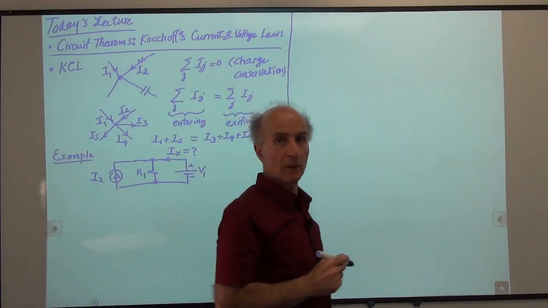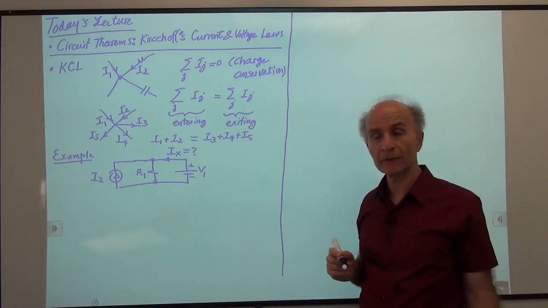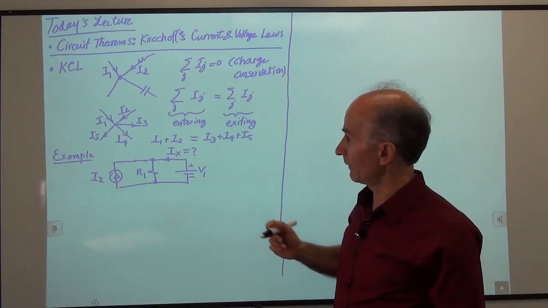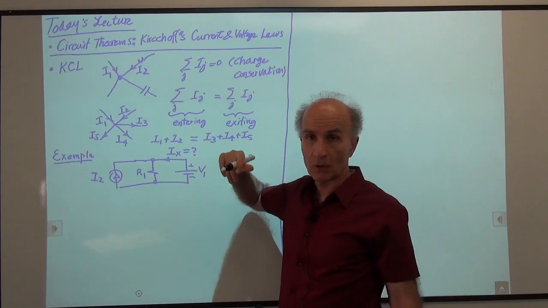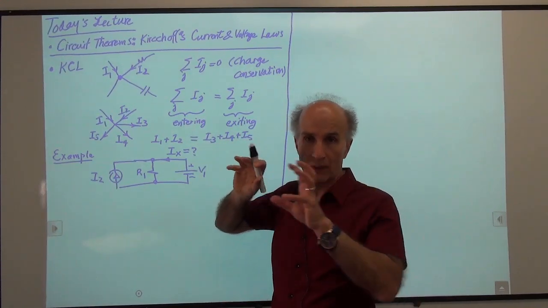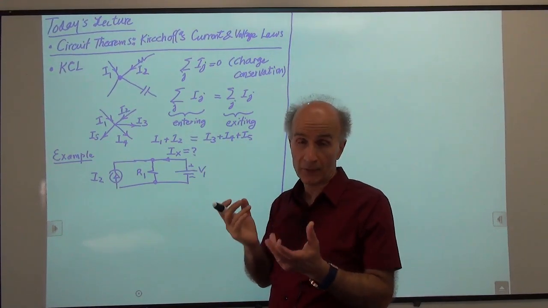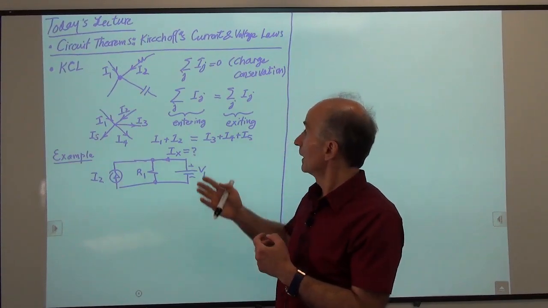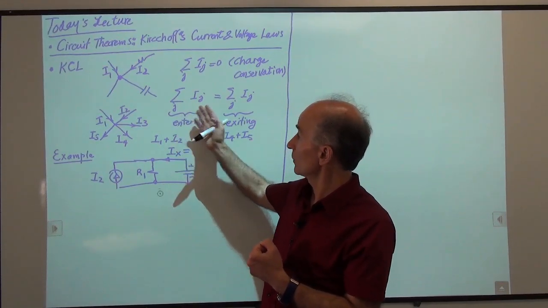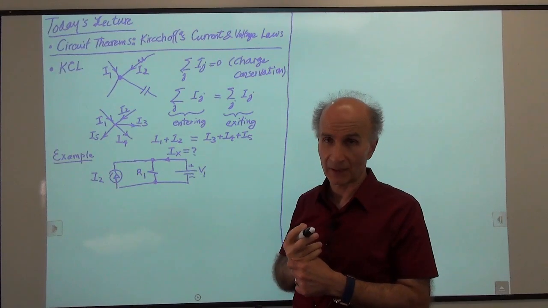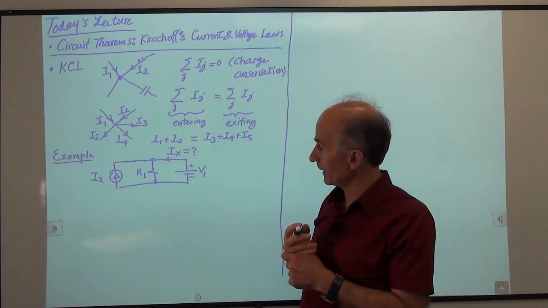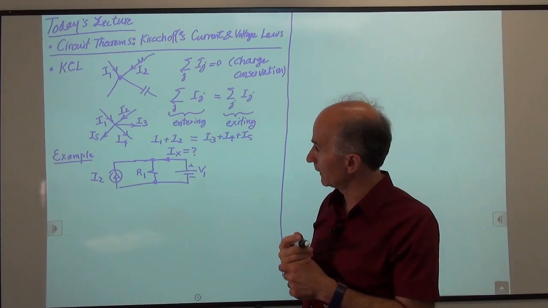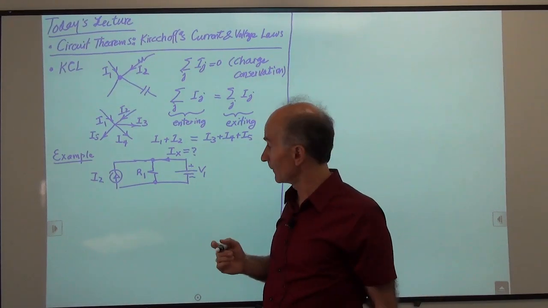Okay. All right, so we eyeball the circuit for a moment, and we see that we have a node here at which we can apply KCL. So for example, we can say the sum of all the currents entering the node has to be 0, or we can say the sum of all the currents entering should be equal to the sum of all the currents exiting. But before we try to write KCL, let's just look at the circuit and see if we can make some predictions.